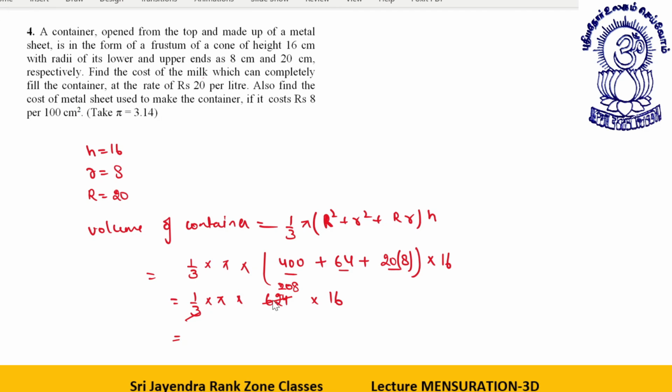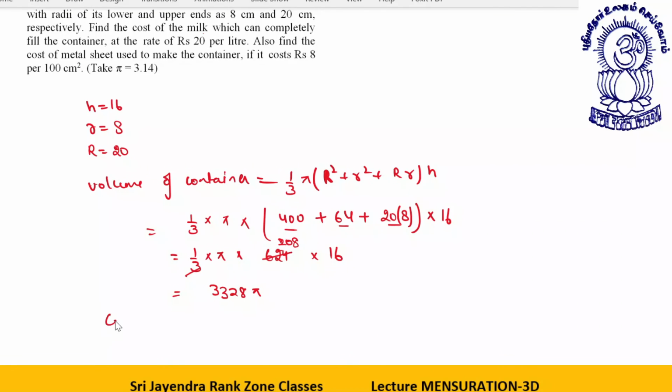So this will be equal to 208 into 16, which is 3200 plus 128, so 3328 pi. Now what will be the cost of the milk? The cost of the milk will be 3328 into 3.14 into rupees 20 per liter. Finally, I can say 3328 into 31.4 into 2, or 62.8 rupees. This is your final answer.